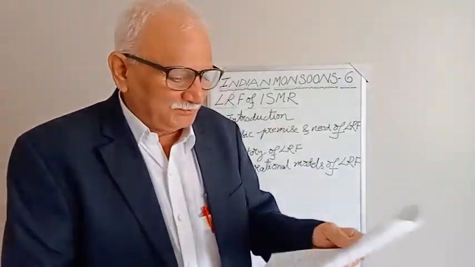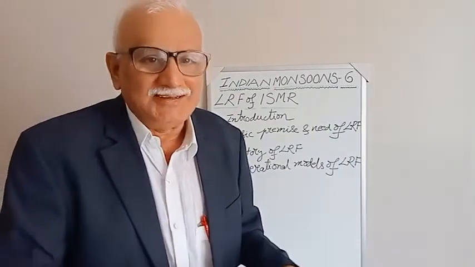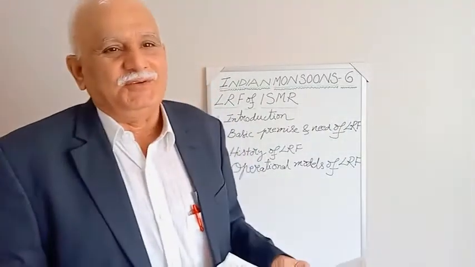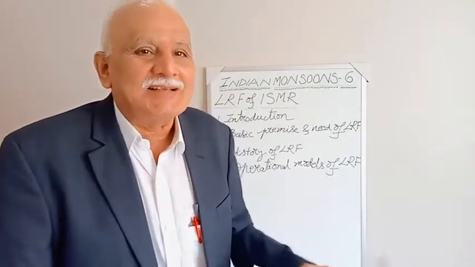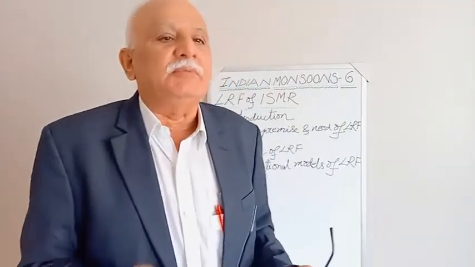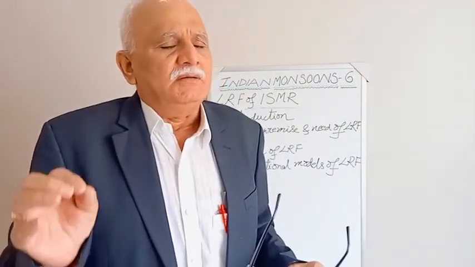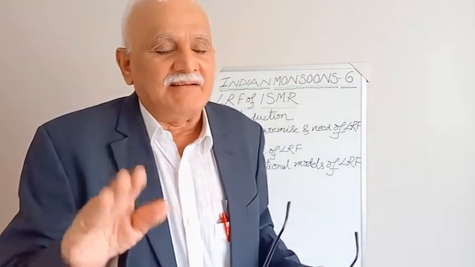Here I would like to share a brief history of Indian summer monsoon rainfall forecasting. India experienced one of the worst droughts in the year 1877.